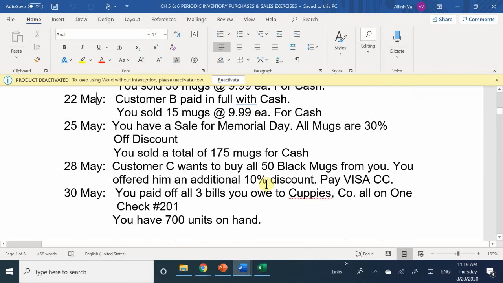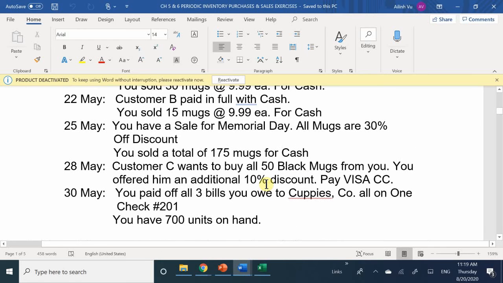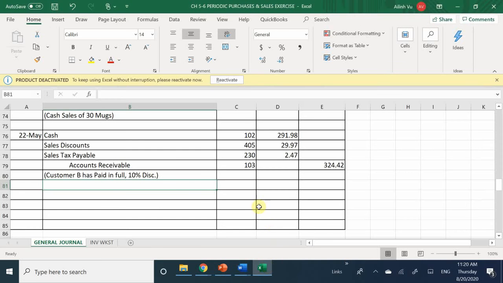So here we're going to be looking at, we're still on the 22nd, correct? We sold another 15 mugs for cash. So we're going to journalize what?